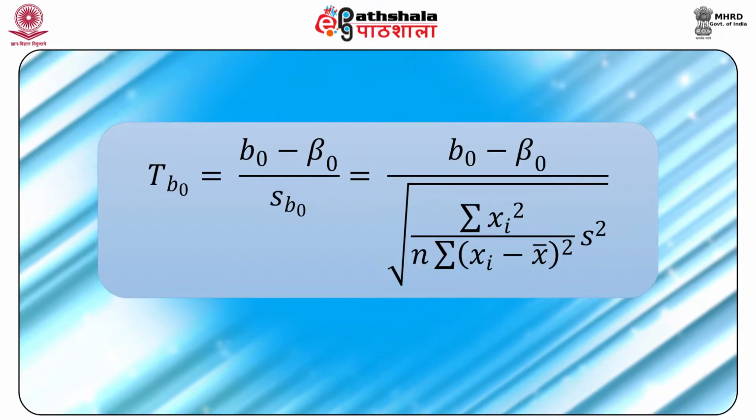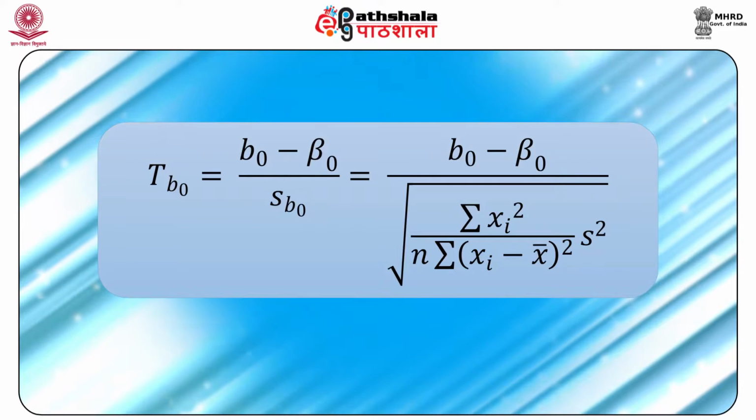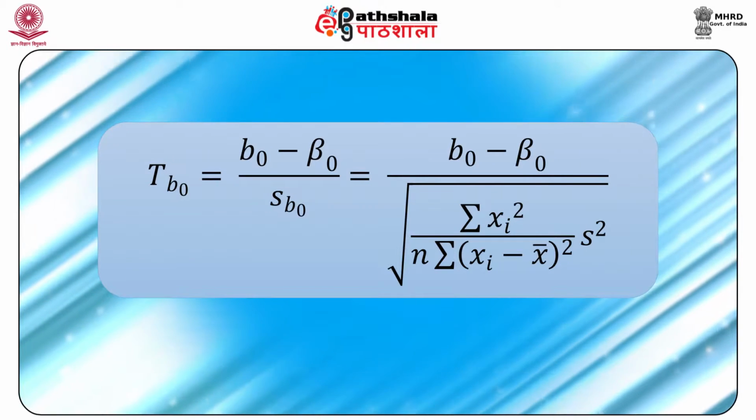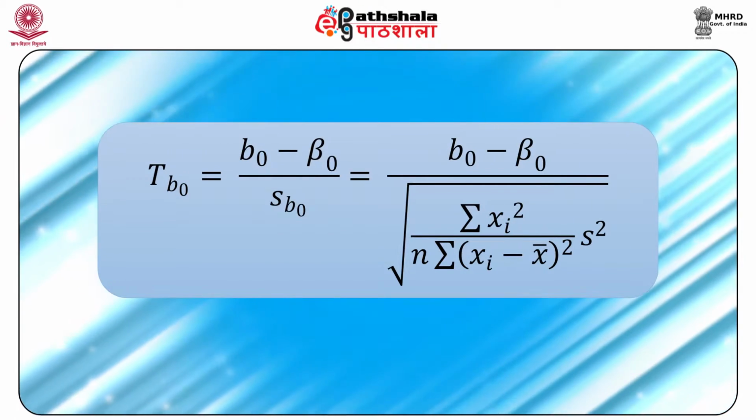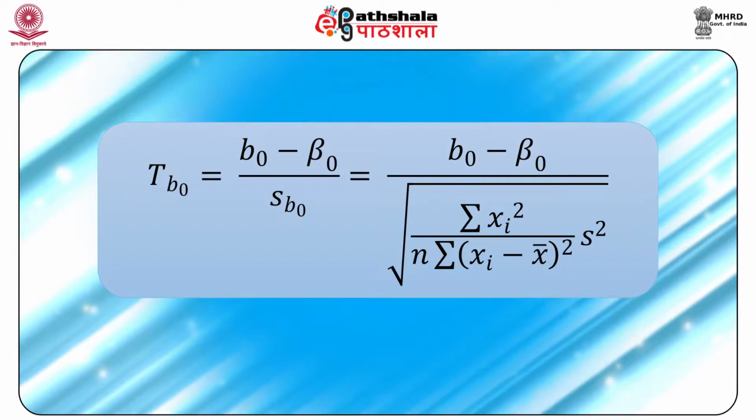Now, if we substitute s square for sigma square, where sigma square is generally not known, then we will have tb0 equal to b0 minus beta 0 upon sb0, and in the formula which we had discussed earlier we substitute sigma square by s square.